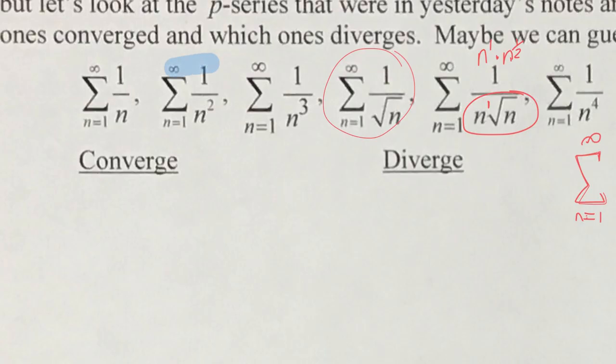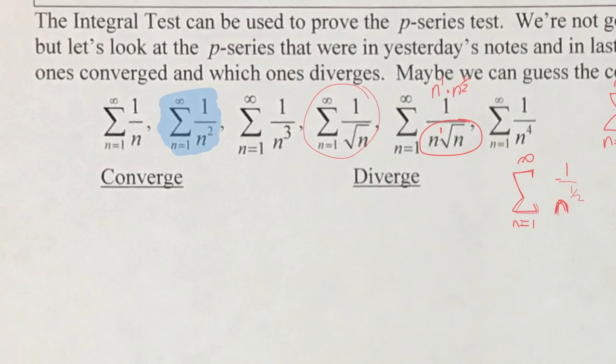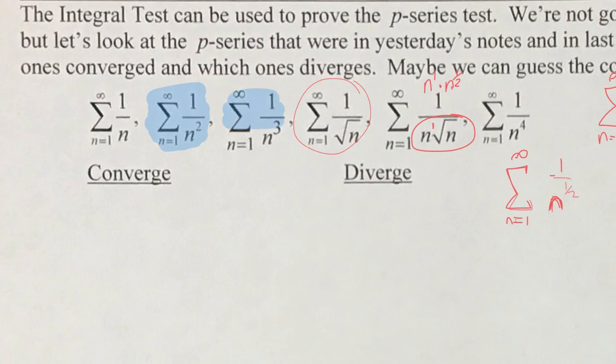So looking up here, which one of these ones converge? 1 over n squared. Yes? What else? Cubed, n cubed, right? It has a 3 as its power. What else? 1 over n times the square root. The n to the 4th, obviously, 4 is bigger than 1. And then we said this one was the 1.5.